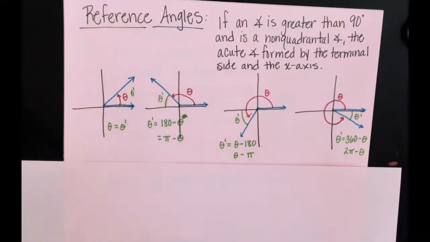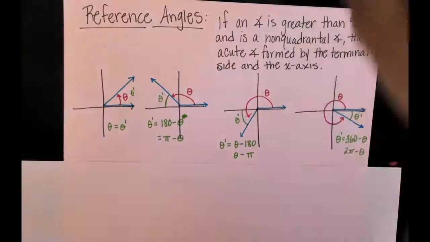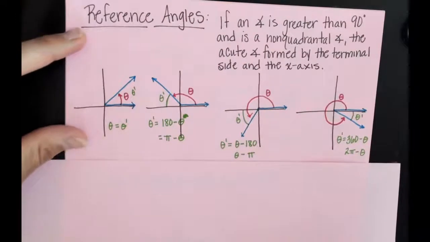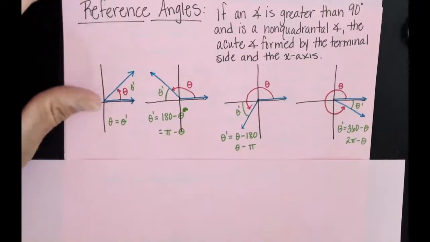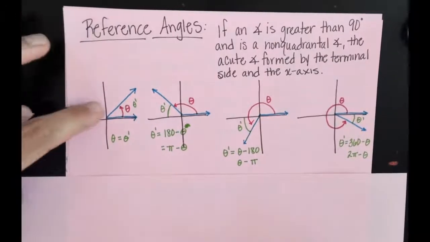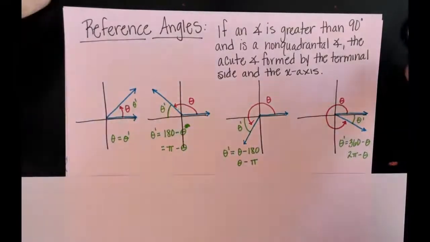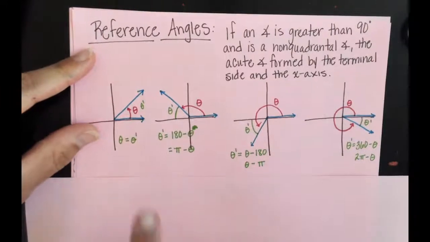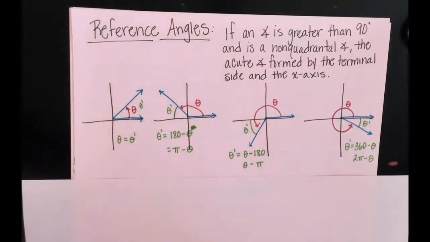So what we're looking at is how do we work out something in our calculators, where our calculator, depending upon which one you have, may not work with values in those quadrants and shows a syntax error. So what we have to worry about is what are called reference angles.